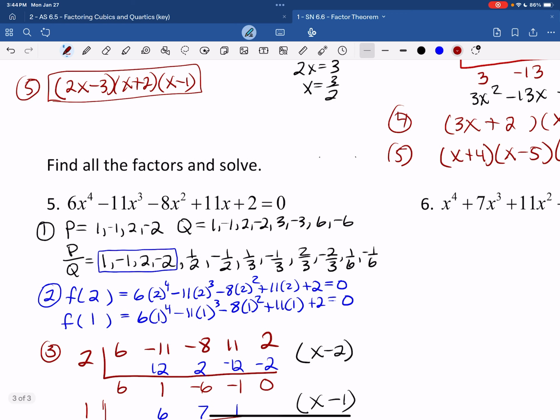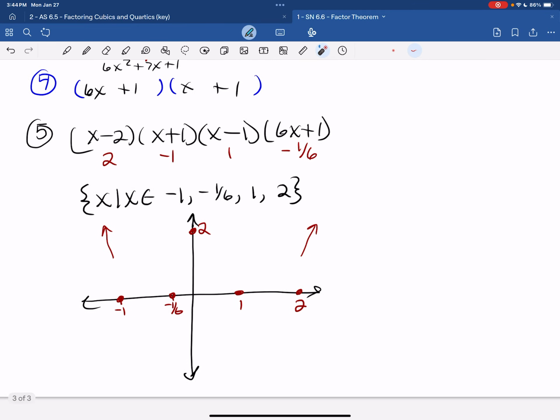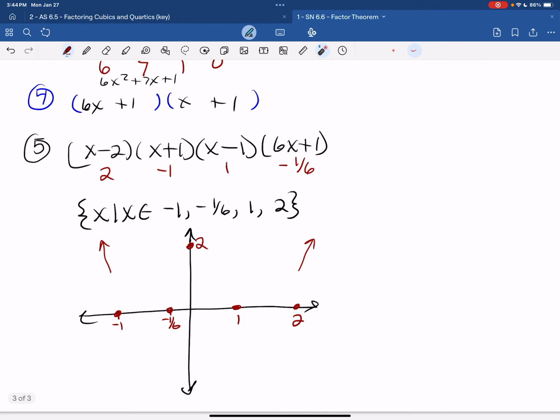And again, because this is a 4, then 4 minus 1 is 3. That's how many turns I get. So I got to get 3 turns. So I'm going to come down through -1. I'm going to go back up through -1/6. I'm going to go through my y-intercept. I'm going to come back down my second turn right around here, my third turn, and just to make it look nice, I'm going to redo my arrow there.